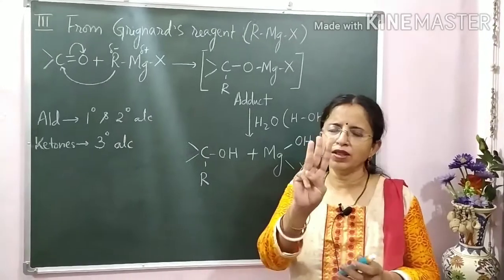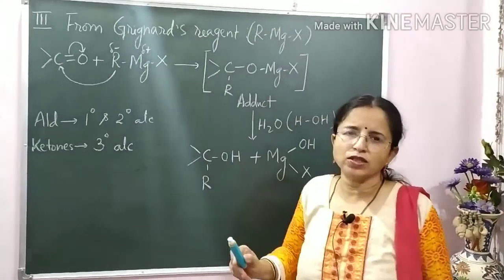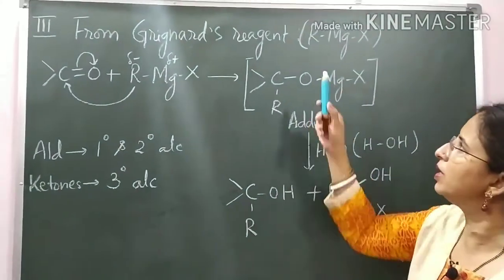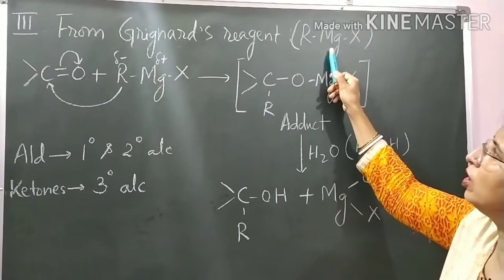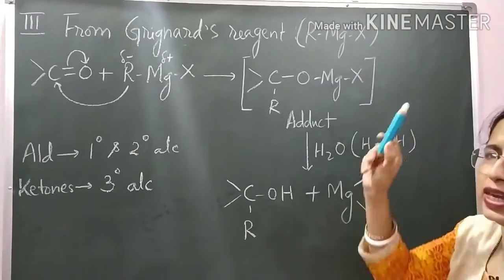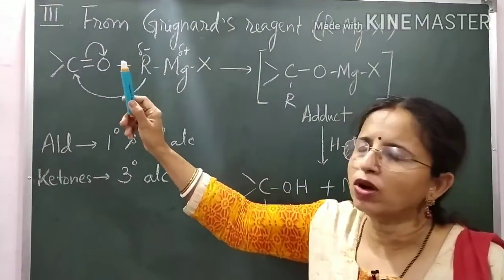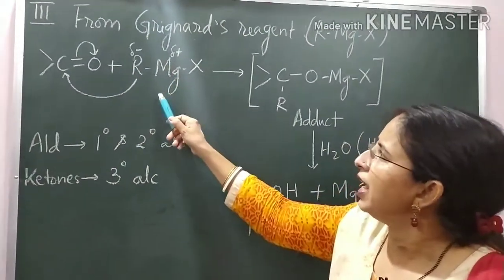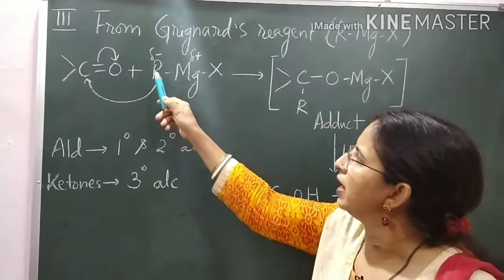The third method of preparation of alcohol is from Grignard's reagent. Grignard's reagent is nothing but RMgX. It is the magnesium salt of haloalkanes, RMgX. When a carbonyl compound reacts with Grignard's reagent, note that Grignard's reagent has two parts.